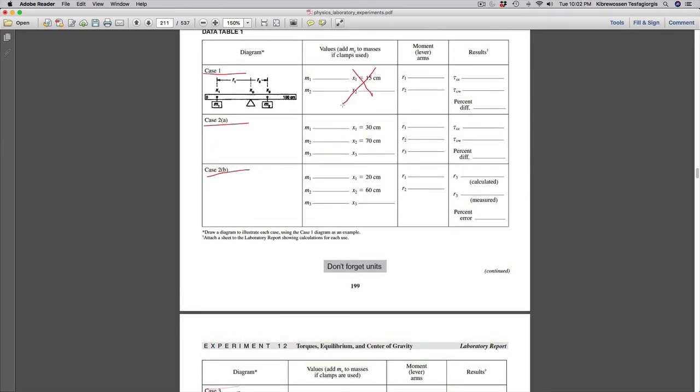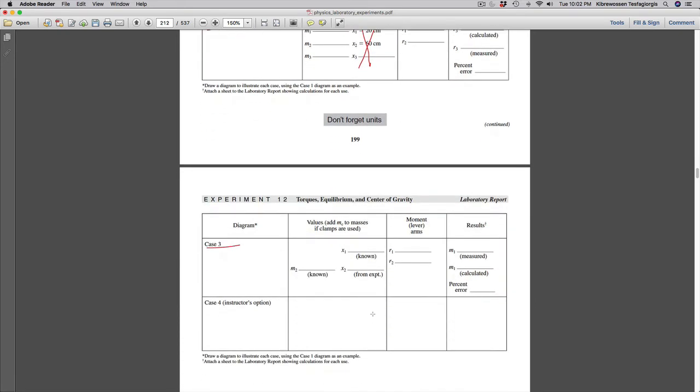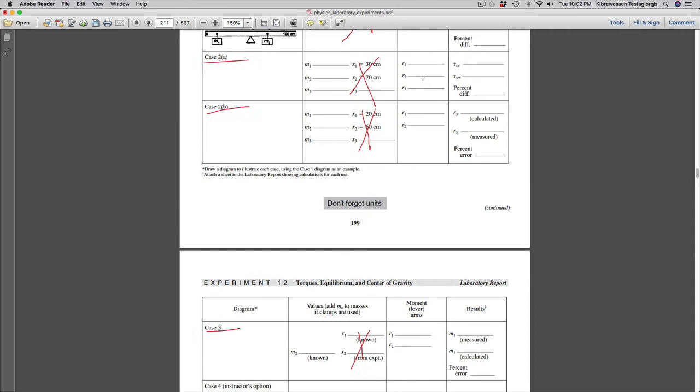We are not going to use the values of the x's because our data set directly gives us the r values. So we're not going to focus on the x values. We'll simply find the r values. As we say, the r values are the lever arm. That means the distance from the mass to the fulcrum or to the support.